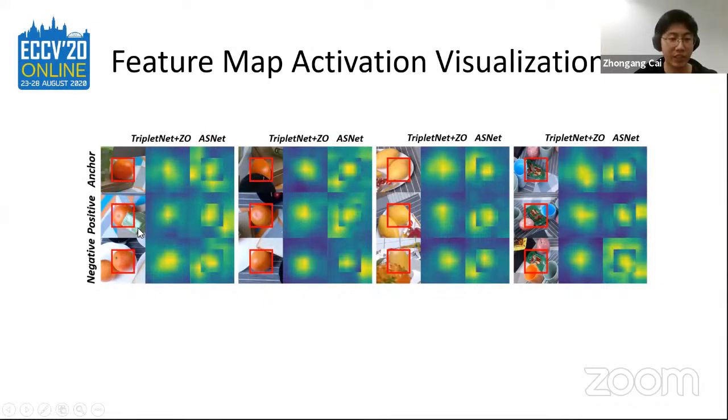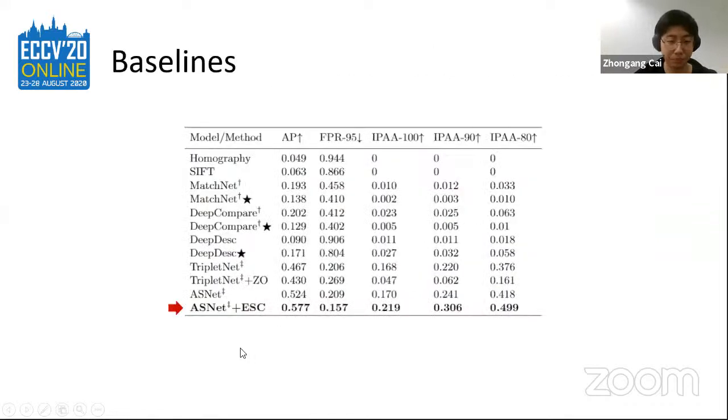For example, in this case we are trying to associate the orange, and here we have a box of milk, and the attention is actually placed on the box of milk. Whereas if we only apply the simple zoom out, the attention is still focused on the orange itself. So it does not achieve our goal.